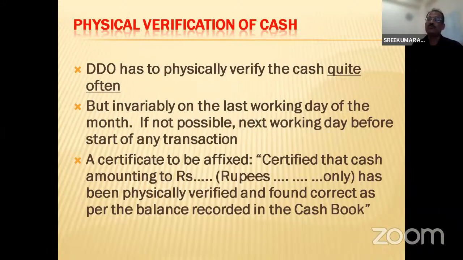It has to tally. There cannot be 1 rupee less. There cannot be 1 rupee more. If there is any difference in the closing balance, then it is a very serious issue. It is a very vigilance issue. That is why the DDO has to physically verify the cash every now and then.